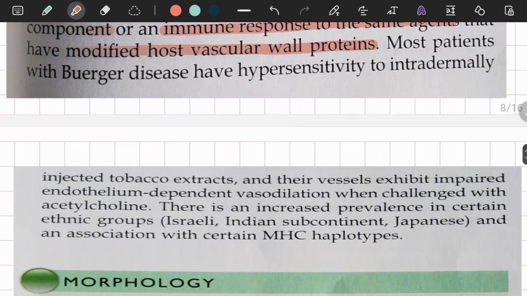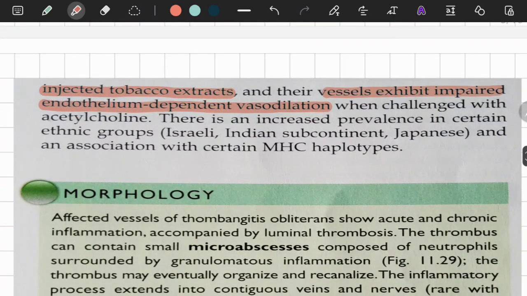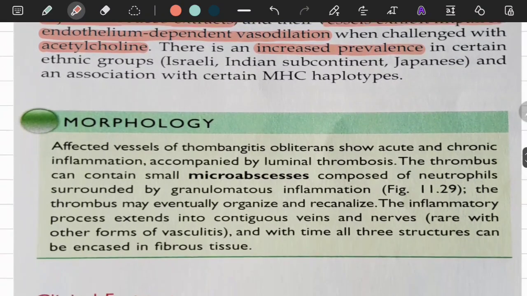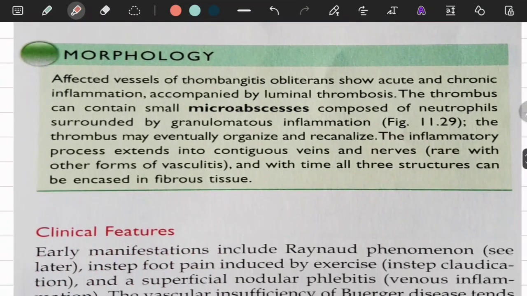Most patients with Buerger's disease have hypersensitivity to intradermally injected tobacco extracts, and their vessels exhibit impaired endothelium dependent vasodilation when challenged with acetylcholine. There is an increased prevalence in certain ethnic groups such as in the Indian subcontinent or the Japanese, and an association with certain major histocompatibility complex haplotypes.